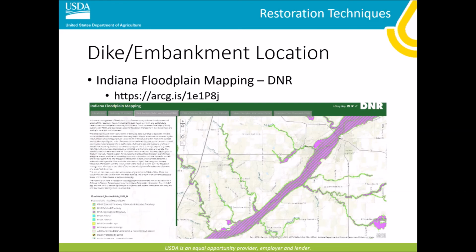These tabs on this website are really good for finding out where that floodplain is at and what the elevation of that floodplain is. It's also very important that when applying for regulatory permits you have some of this information. So it's a very important website to have. We're going to discuss more about permitting at next week's training. Next slide.